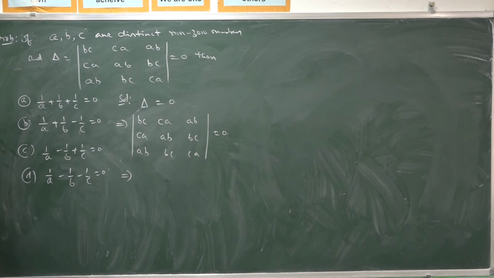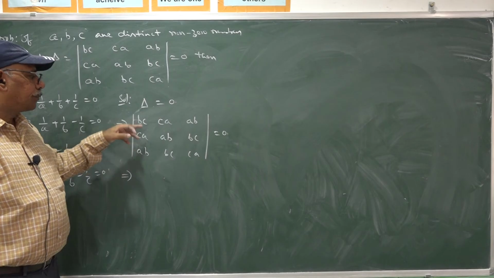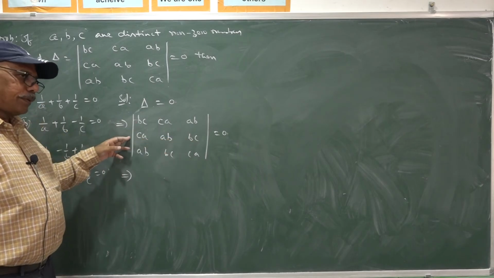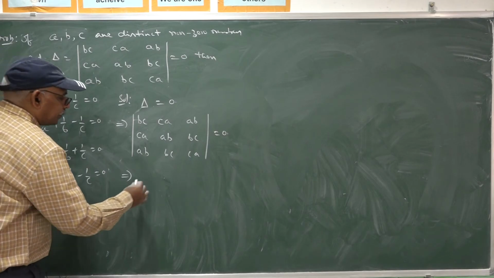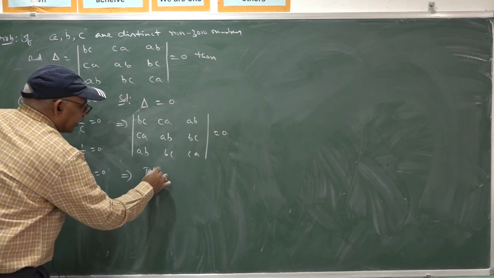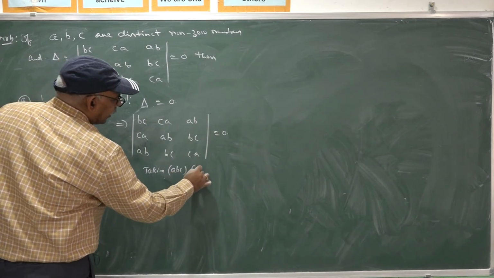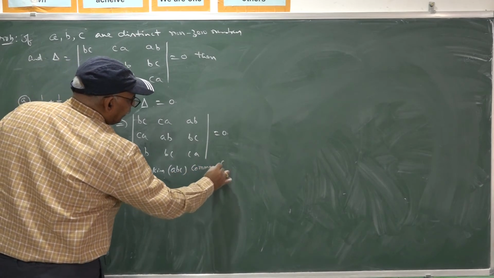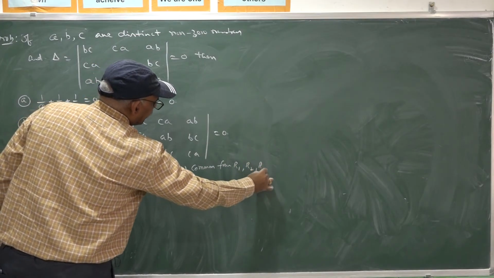Taking ABC common from row 1, row 2, row 3.